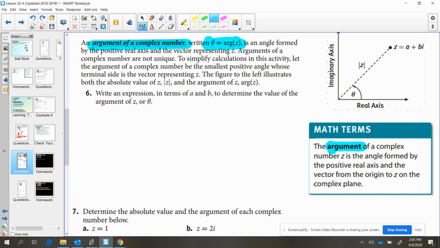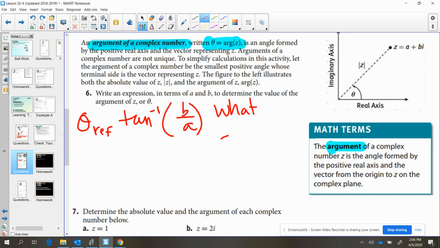So in order to find this, in order to find that reference angle, you would take tan inverse of b over a. Now, a reminder, location matters. So again, what quadrant are you in? Because your angle measure here, your argument, needs to match.